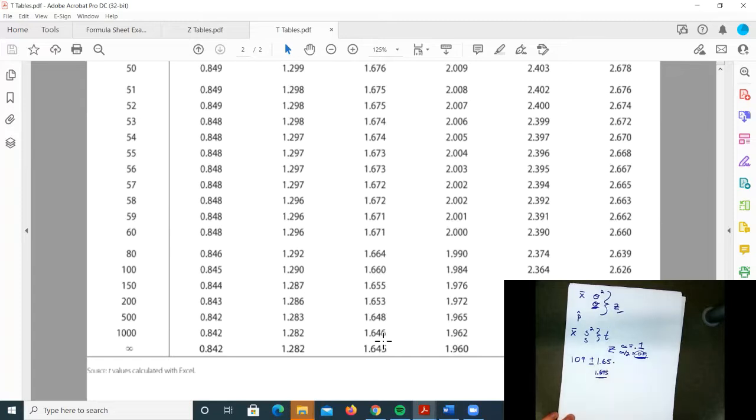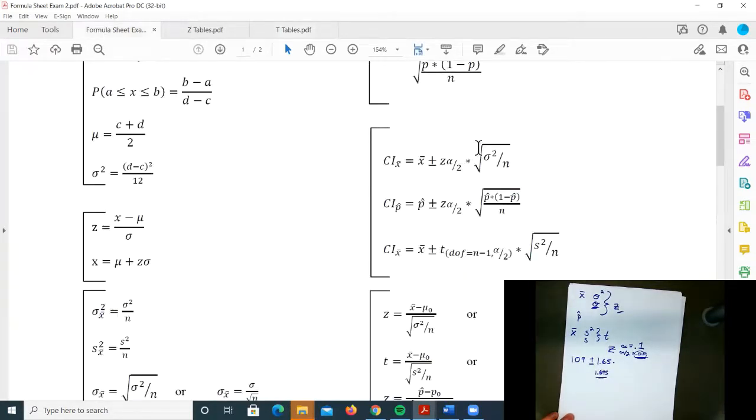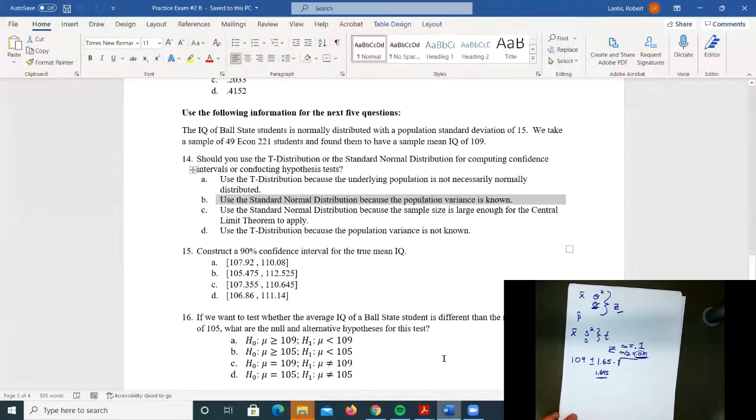From there, it's just a matter of completing the rest of our confidence interval formula. We'll take the square root of our population variance over our sample size, okay? Well, if we look at the original problem, we were only given a population standard deviation. So in the formula sheet, we had sigma squared, but all I really have here is the standard deviation. So all I have is sigma.